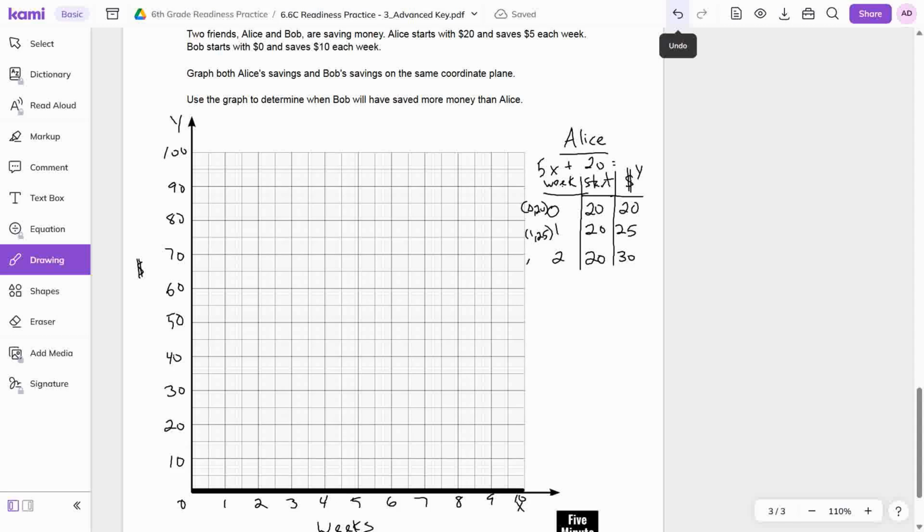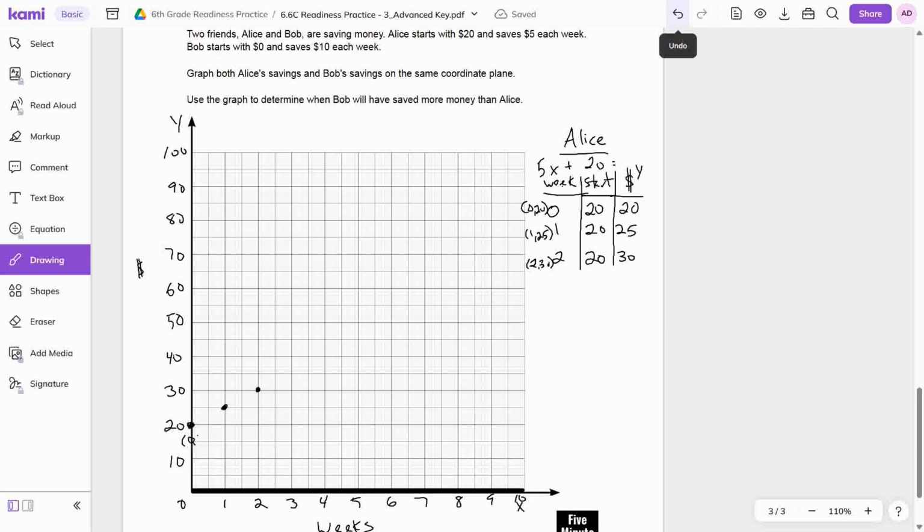Now, here's the nice thing about these relationships. I don't need to plot every single point. I'm going to plot these 3 points. So I'll do hers in black. So I've got 0, 20. I've got 1, 25. And then I've got 2, 30. Okay, so these are her 3 points.